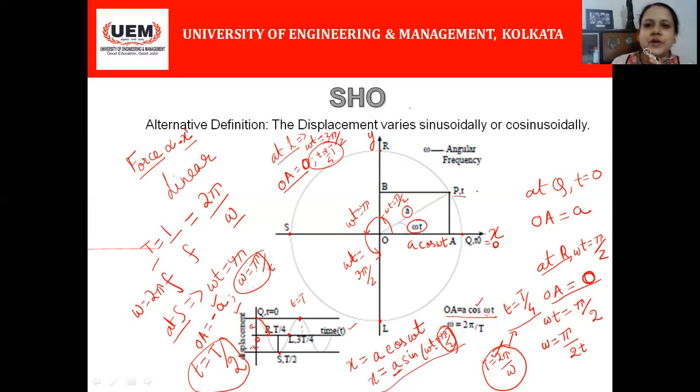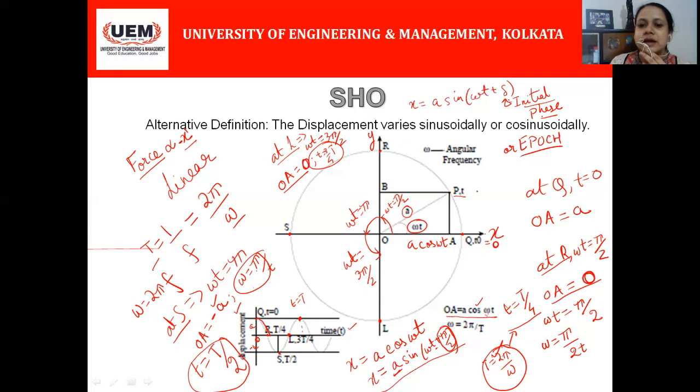So if we represent the motion as x is equal to A sine omega t plus delta, the phase factor delta is known as the initial phase or epoch. And it's this initial phase or epoch that decides from which position the motion of the particle begins.